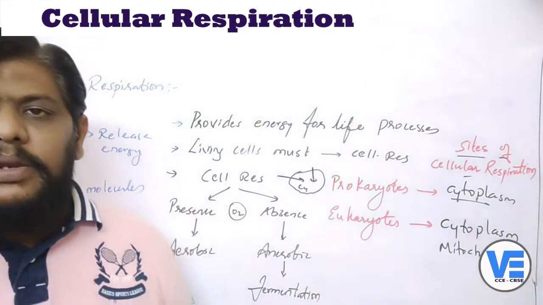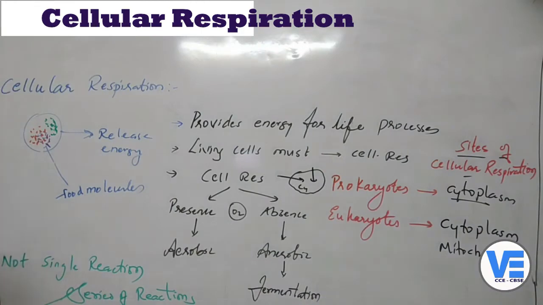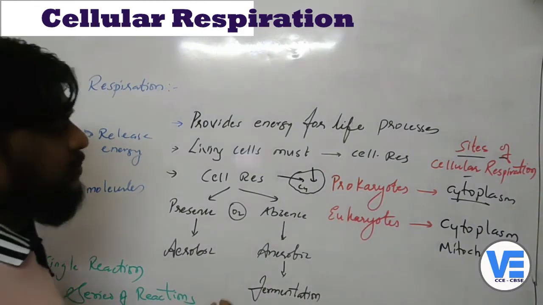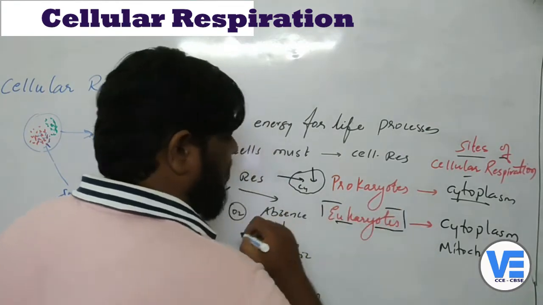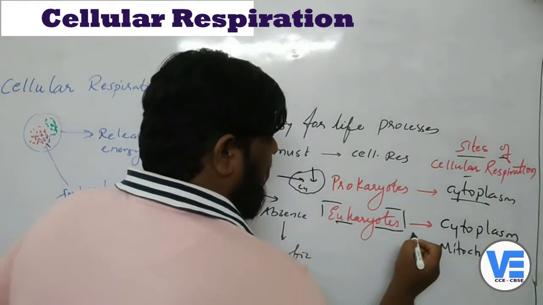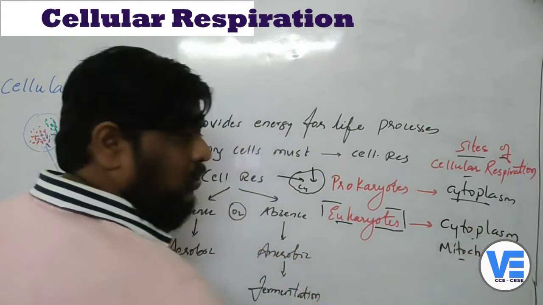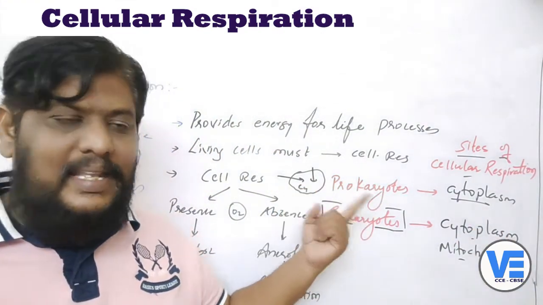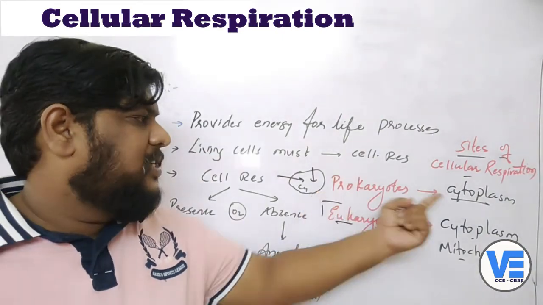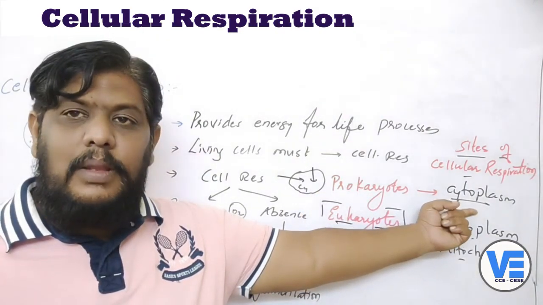So mitochondria and cytoplasm are the sites of cellular respiration in the eukaryotes. If you take the higher animals which have a distinct nucleus, the cellular respiration will take place in the cytoplasm and mitochondria, whereas if you take the prokaryotes, for example the bacteria, the cellular respiration will take place in the cytoplasm.